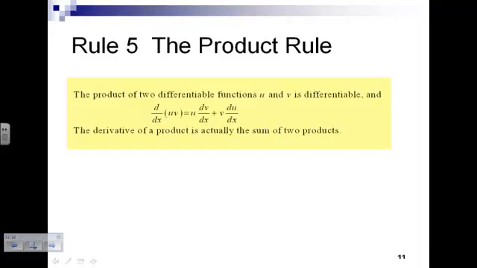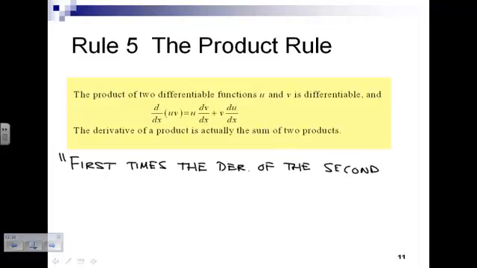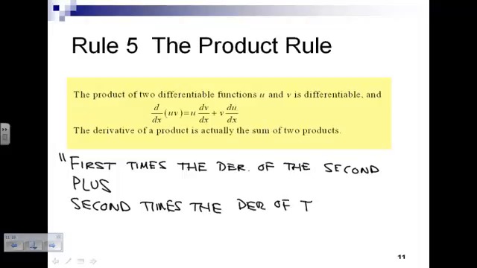Every single time I do the product rule, I say, first times the derivative of the second, plus second times the derivative of the first.